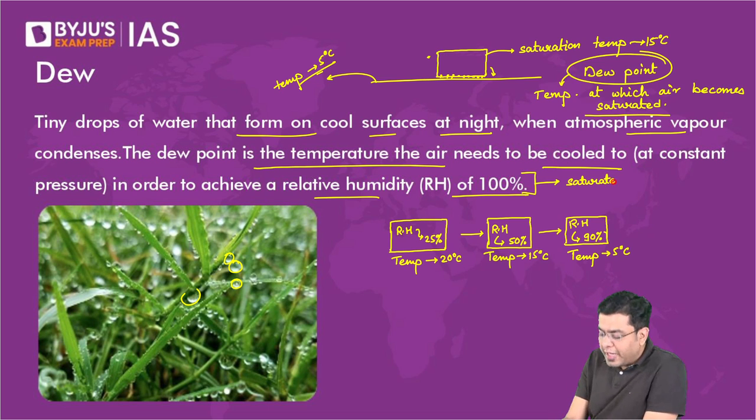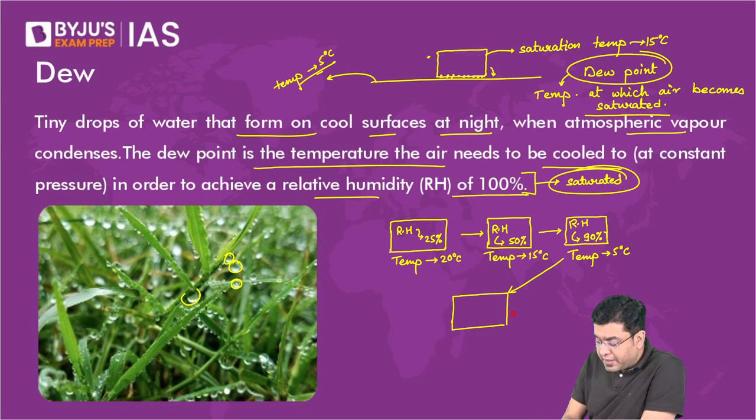Now further the air gets cooled down. Let's suppose it is a winter night in a region like Ladakh, and the temperature reduces to 0 degrees Celsius. Then the relative humidity reaches 100%. So in this case, can we say that the dew point temperature is 0 degrees Celsius?